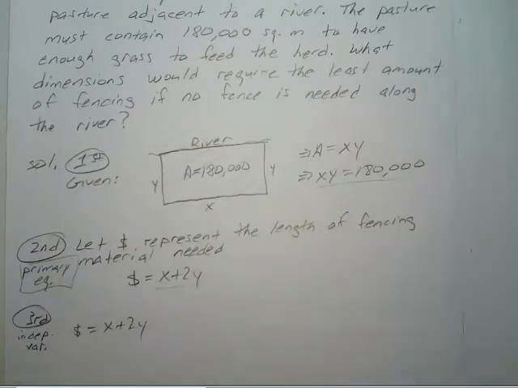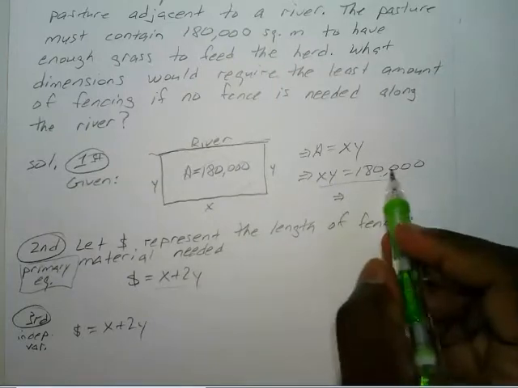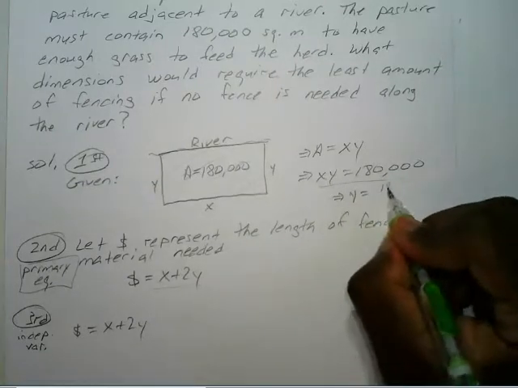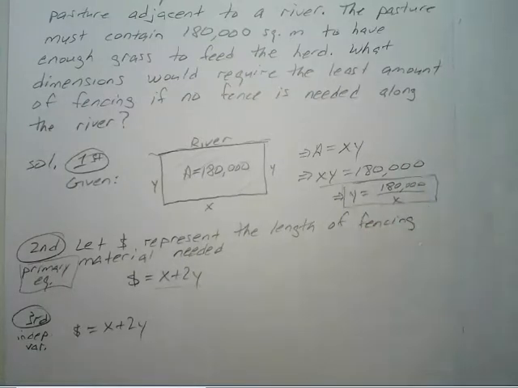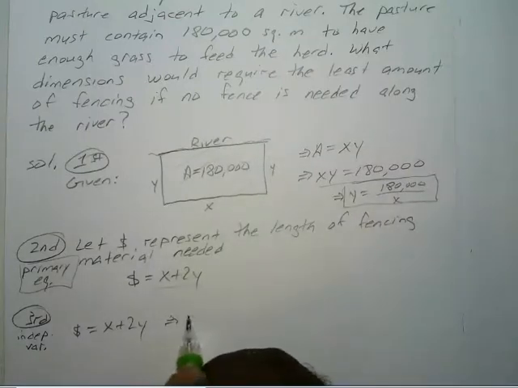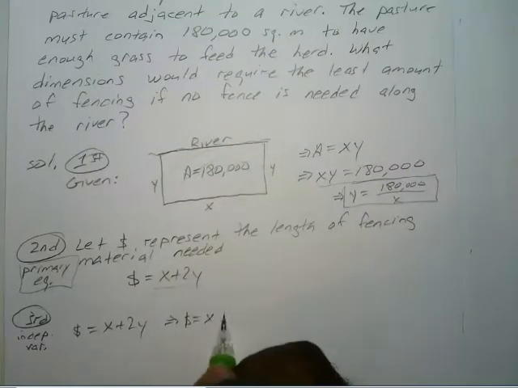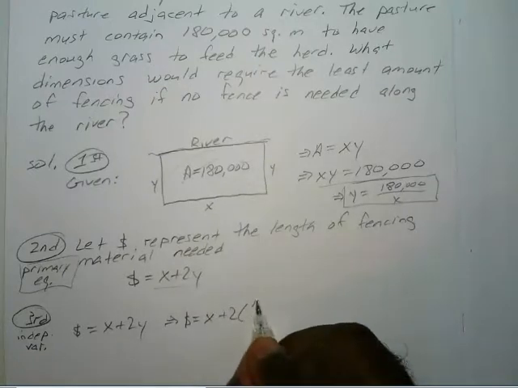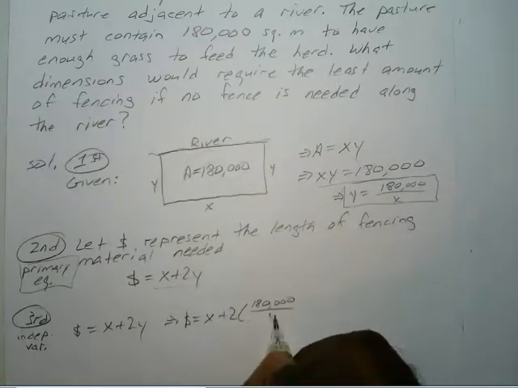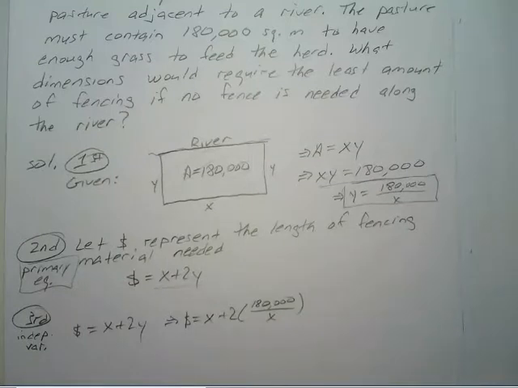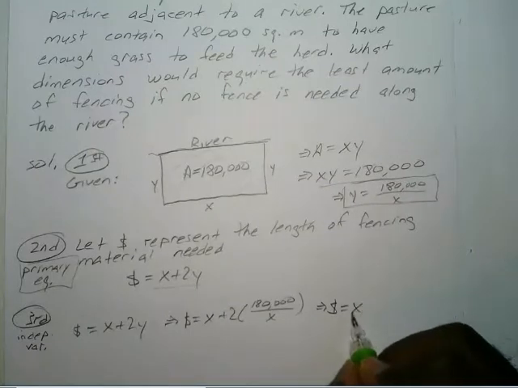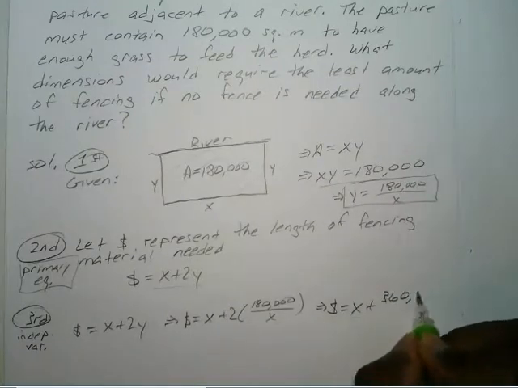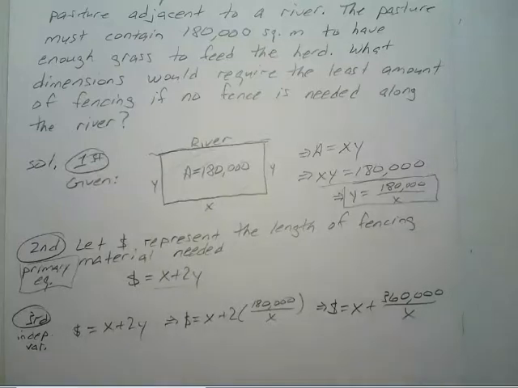You notice here, if you divide both sides by x, you have y equals 180,000 divided by x. So we can just replace our y with that. So S equals x plus 2 times 180,000 divided by x. Okay, so that means our S now equals x plus 360,000 divided by x.